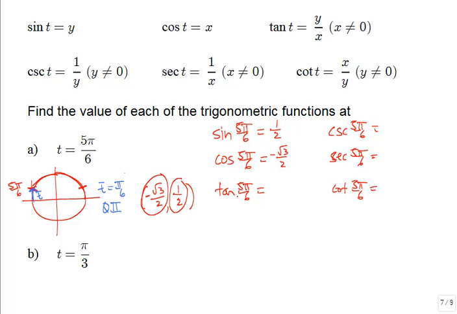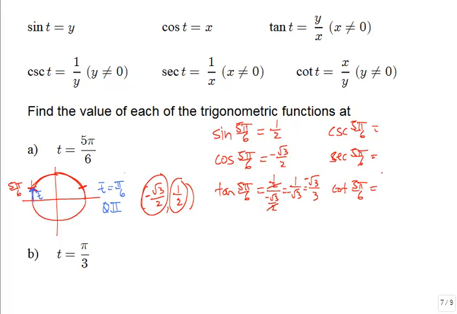The tangent is the y value, which is 1/2, divided by the x value. Now since these both have 2's in the bottom, those are going to cancel out. So this is 1 over negative root 3, and if you wanted to rationalize that by multiplying by a root 3, you'd get root 3 over 3, and there's still that negative floating around. Now those are the major three.